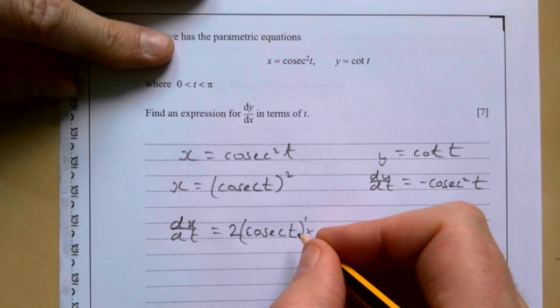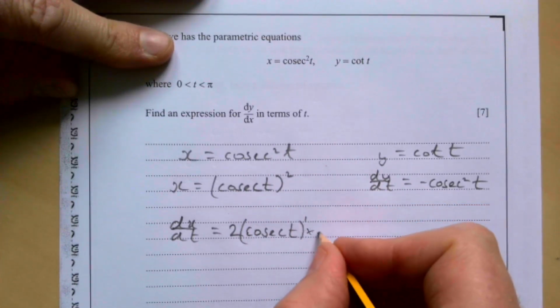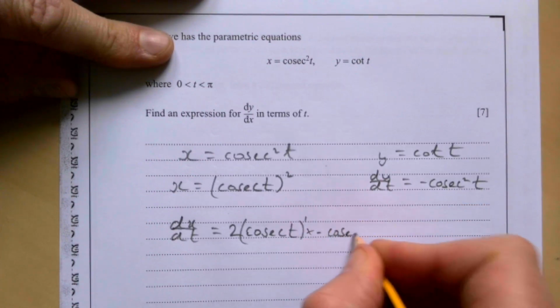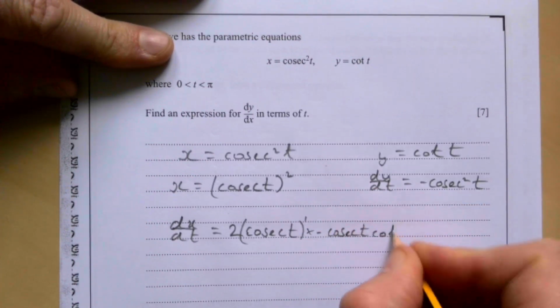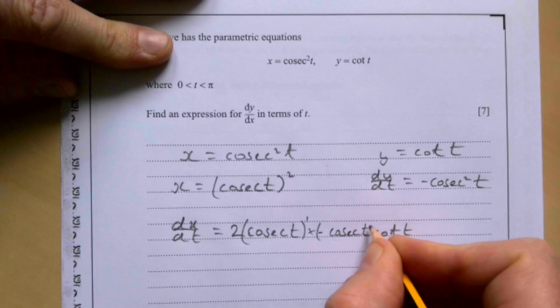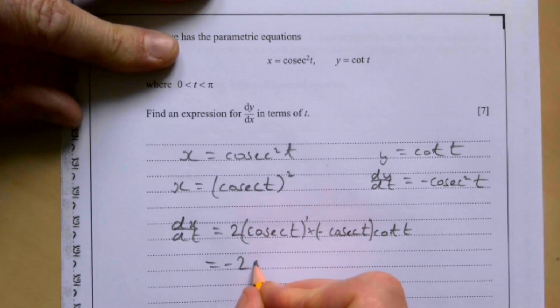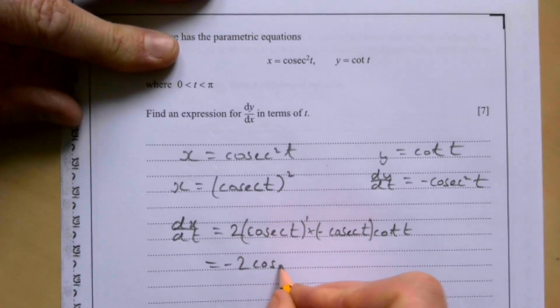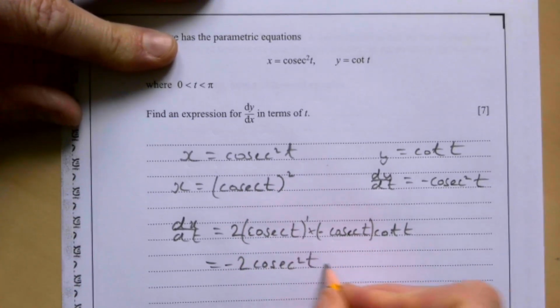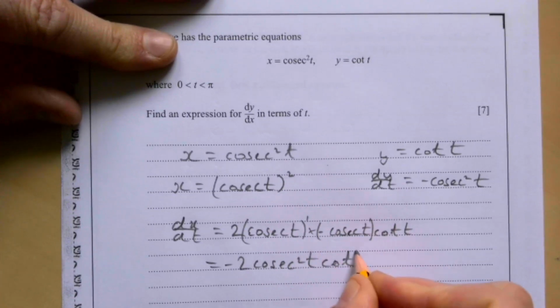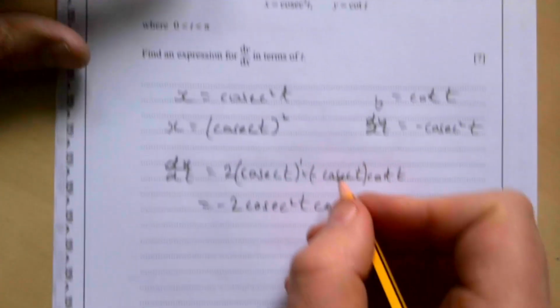The bracket differentiated is going to be minus cosec t cot t. So tidying that up, that's a cosec t, that's a cosec t, so I get minus 2 cosec squared t cot t.